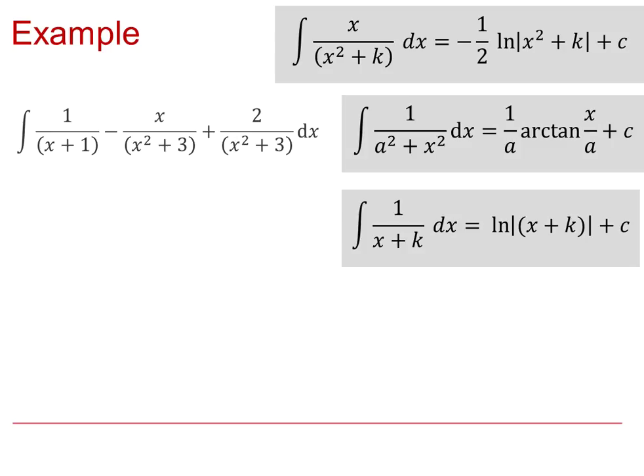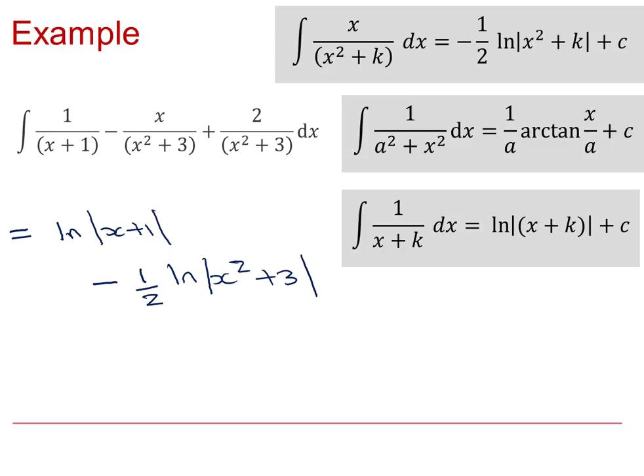So, integrating that first expression then, I would have log x plus 1. And then the second expression would be minus a half ln x squared plus 3.